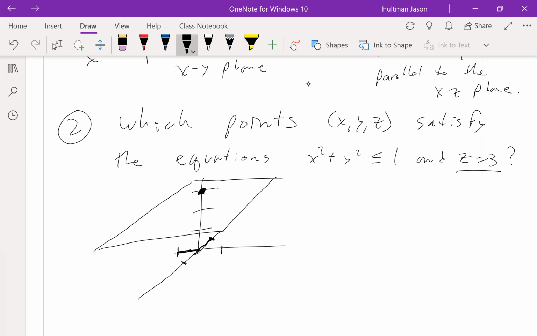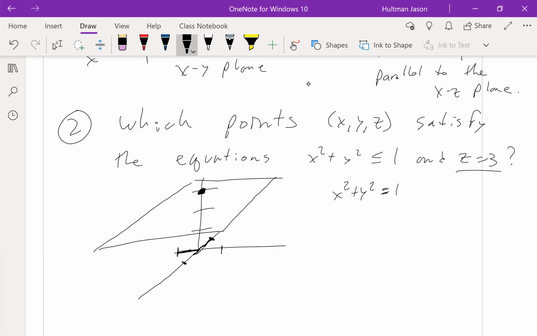Okay, so if we look at x squared plus y squared equals 1, what is that the equation of? A circle. Circle, very good. Thank you, Michelle.